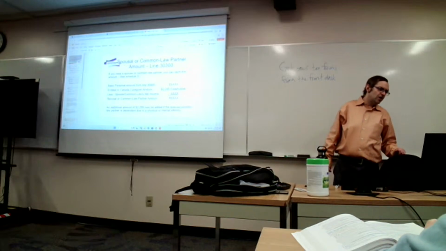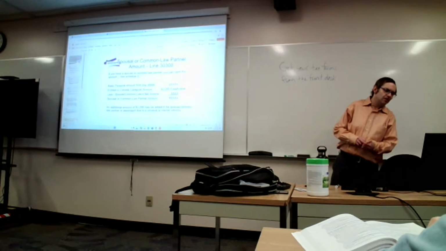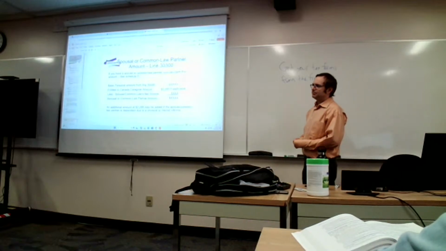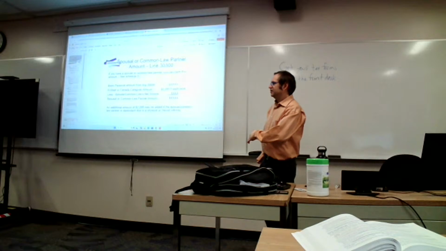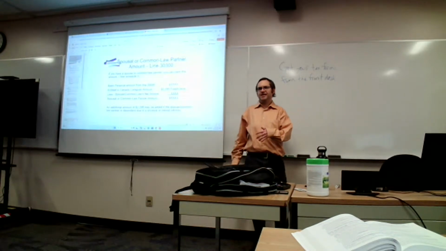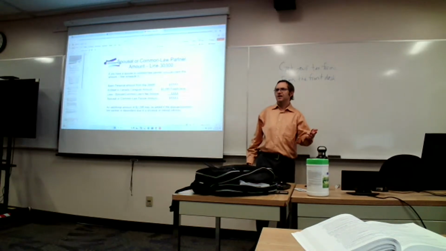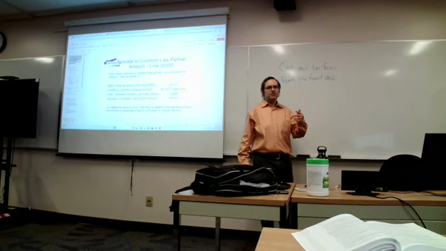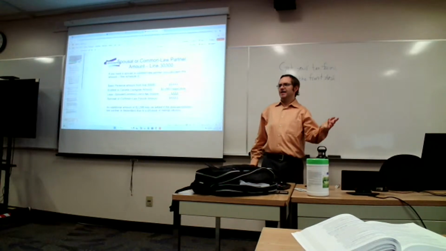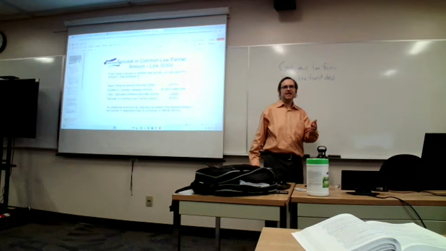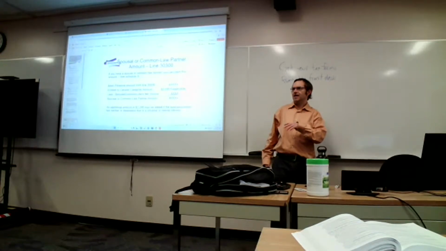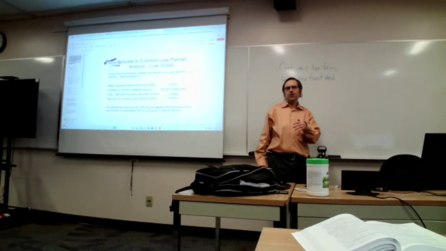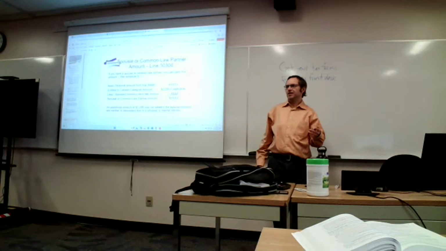Okay, spousal or common law partner amount. So you have your basic personal amount that we just talked about, being the tax credit that you get for being alive. If you're making a bunch of money and your spouse barely has any income, you can claim your spouse's basic personal amount, or at least a portion of it, depending on how much income they make.